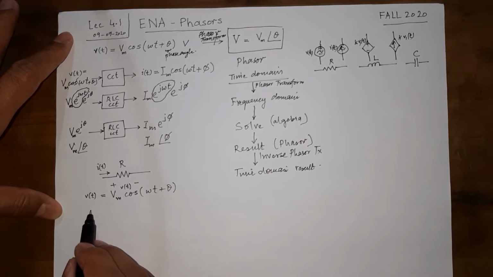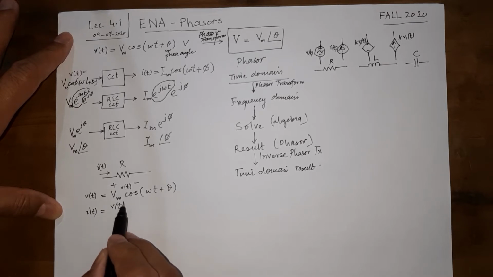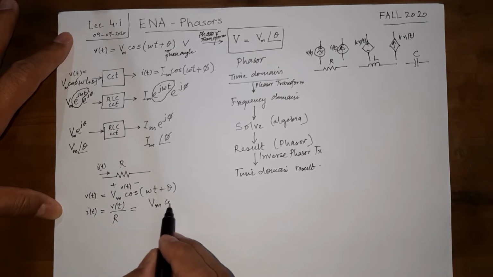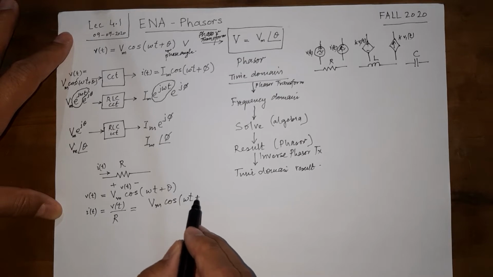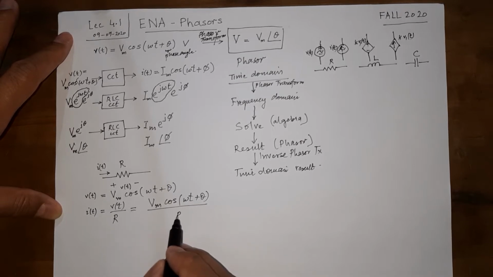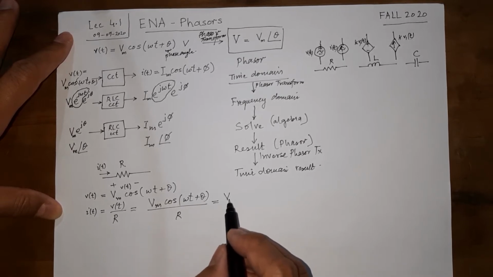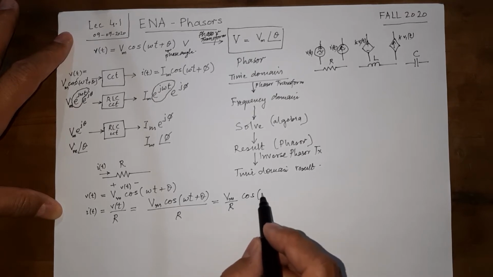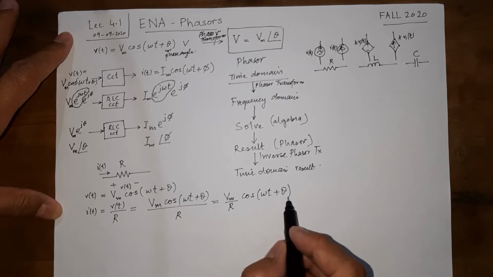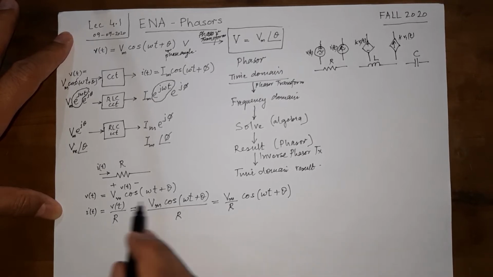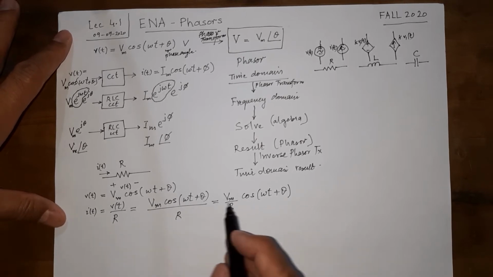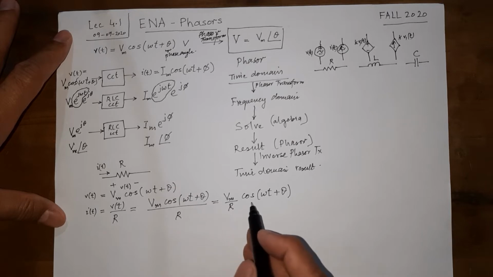By Ohm's law, i(t) is equal to v(t) over R, that is, Vm cos of omega t plus theta over R, or in other words, Vm over R times cos of omega t plus theta. This is in the time domain. It's very easy because there is no integral or differential equation involved. It is simple algebra and we are able to find i(t).